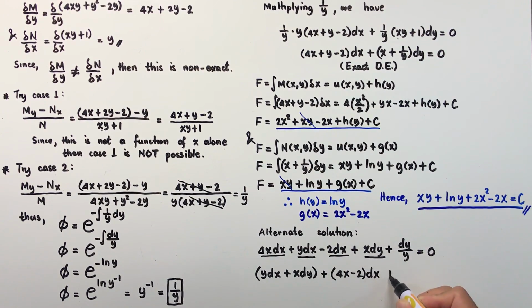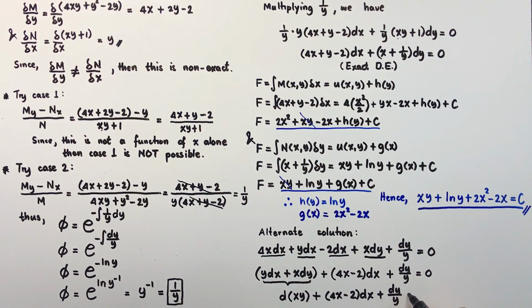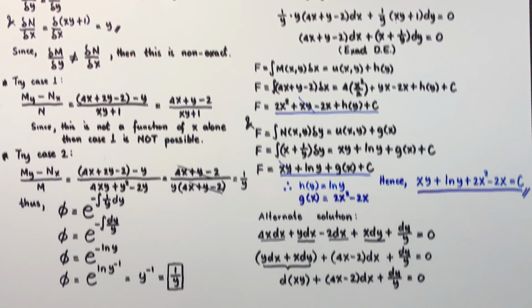And we have the last term here, which is dy over y, which is equal to 0. We notice that y dx plus x dy is already an integrable combination because this is a differential of xy. And this is added to 4x minus 2 dx plus dy over y, which is equal to 0.